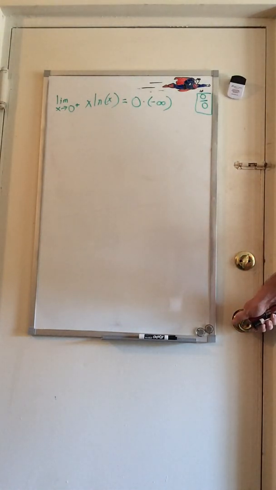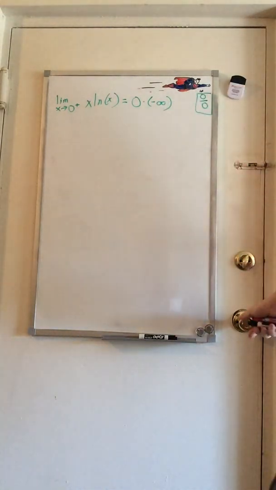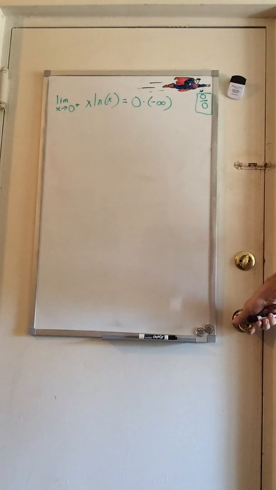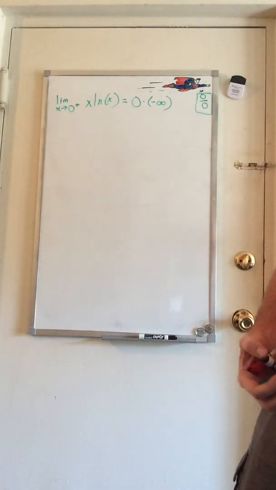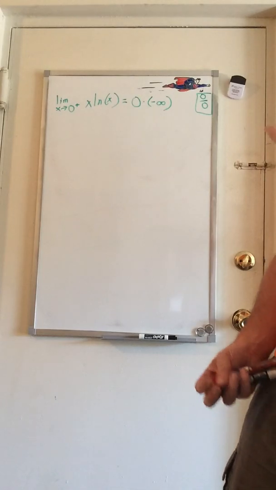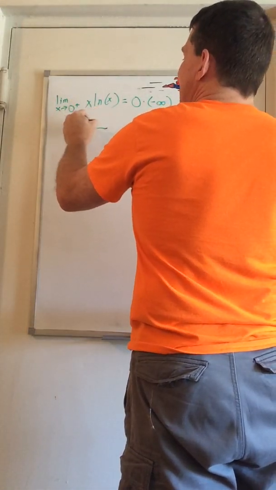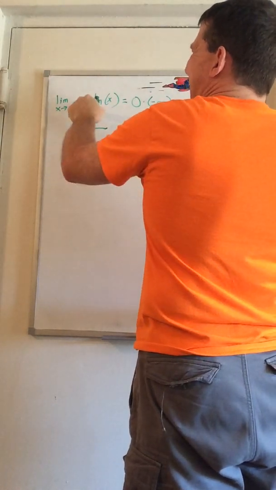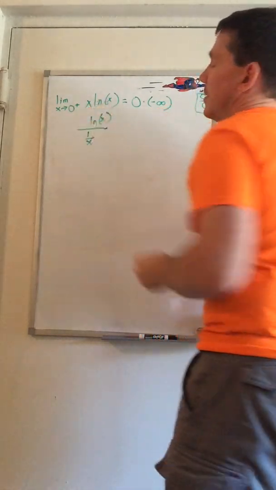But if I can somehow rewrite this so that it's indeterminate in this form, then I can apply L'Hopital, and then I'll be good to go. So, there are different algebraic tricks you learn. This is another standard one that we use a lot, and this is the first time you get to see it, so jot it down. A lot of times, if I need to write this as a fraction, x is the same as 1 over x in the denominator.